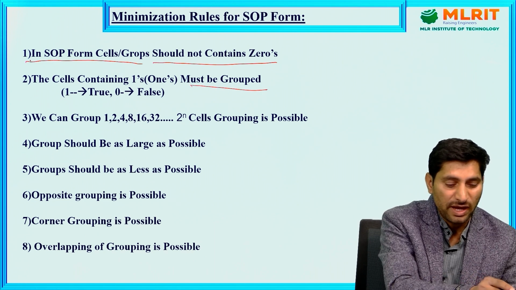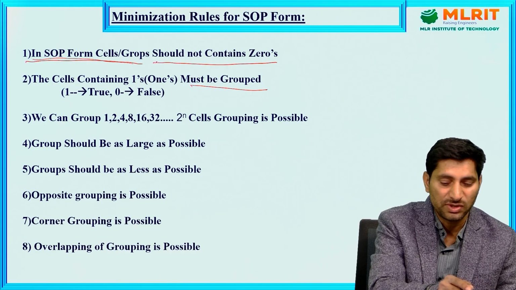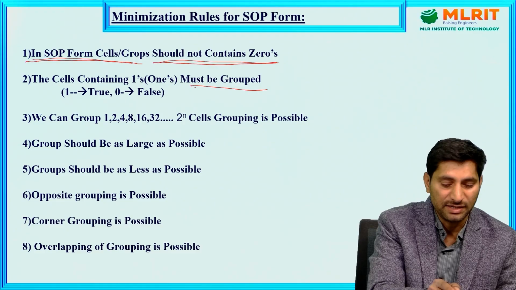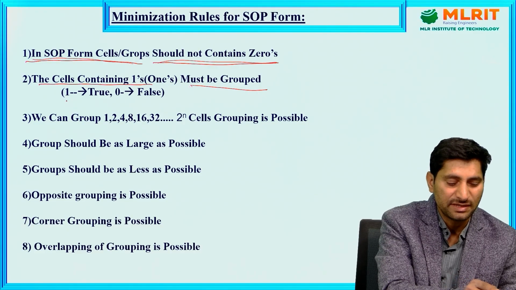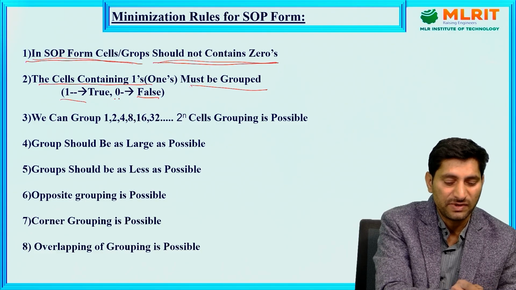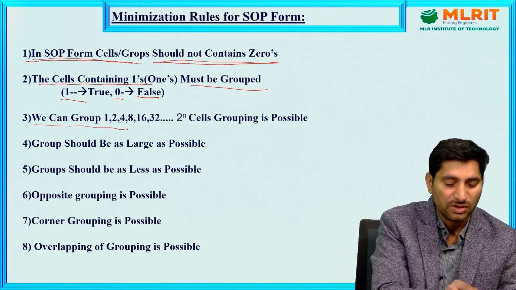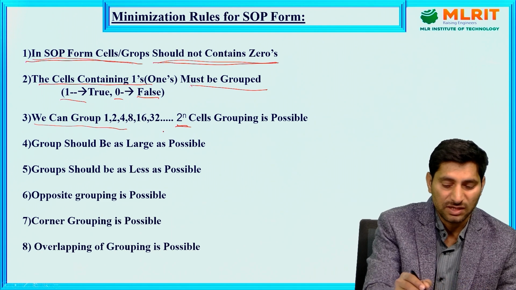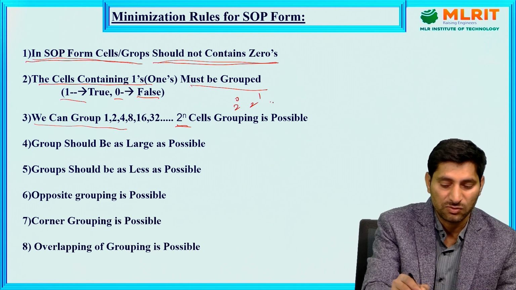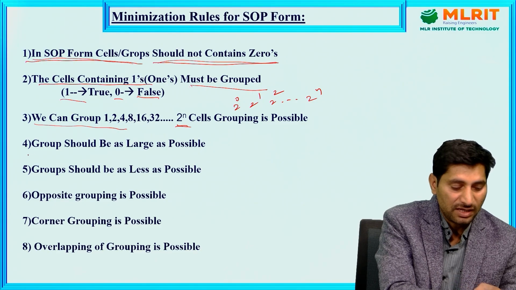In SOP form, we treat terms as true if it is 1 and false if it is 0. Second rule, we can group in powers of 2 power n. That is, we can group 2 power 0, 2 power 1, 2 power 2, like this up to 2 power n cells.